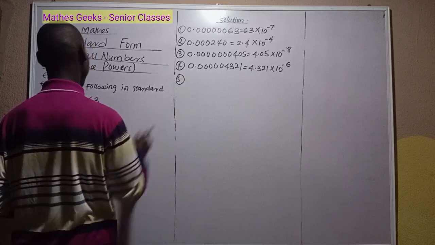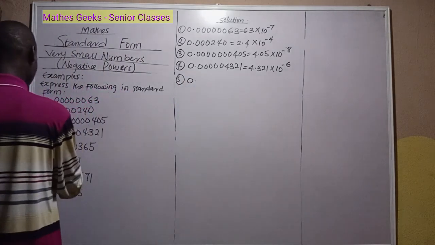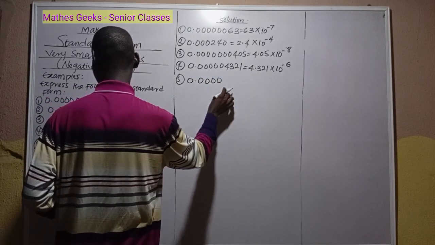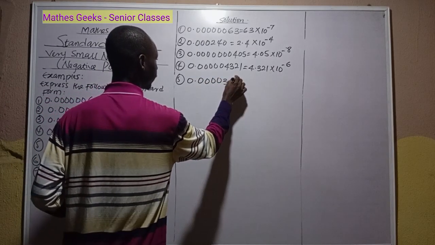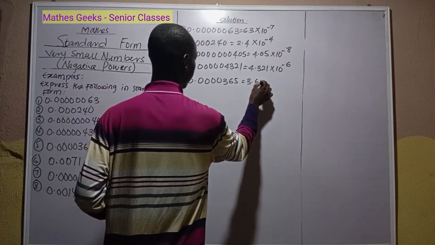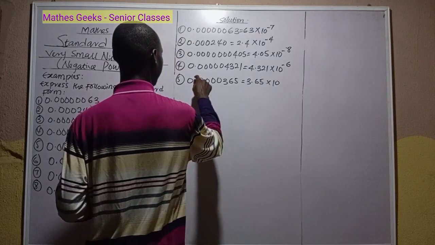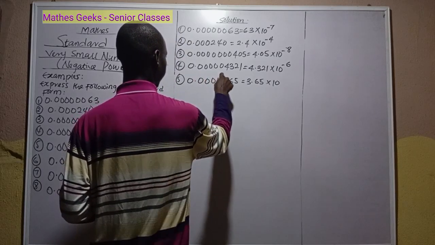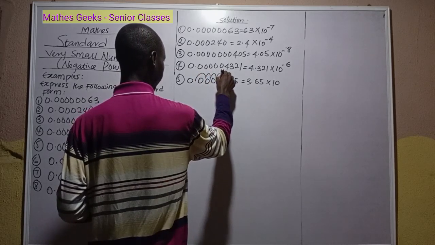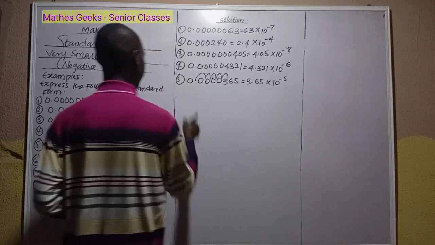Number 5 is 0.0000365 equals 3.65 times 10 to the, 1, 2, 3, 4. Okay, so 1, 2, 3, 4, 5. That's 5, so minus 5.